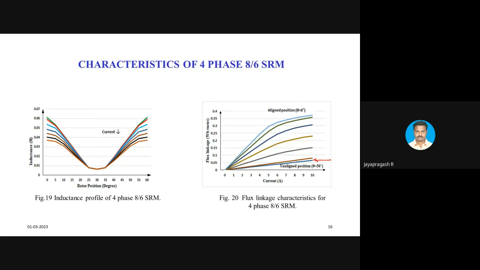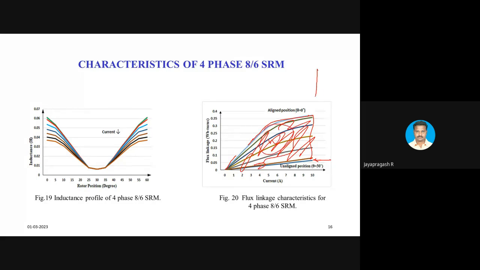Right. So when you keep on moving the rotor to the aligned position, we found that due to the crowding of flux lines, the core material got saturated, right? Because of the saturation, you will get a characteristic like this. The area between the aligned position and unaligned position will give you the energy transfer actually.